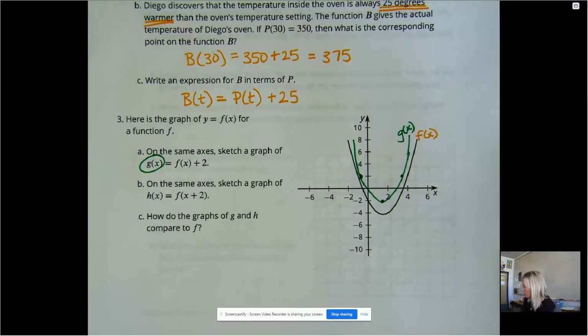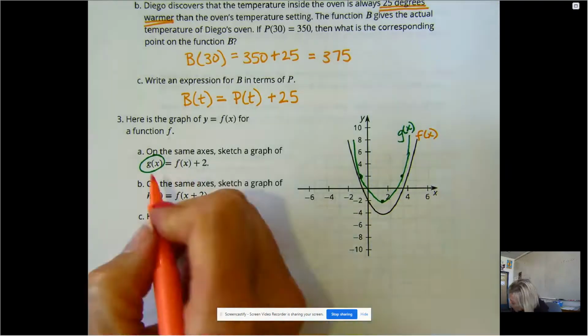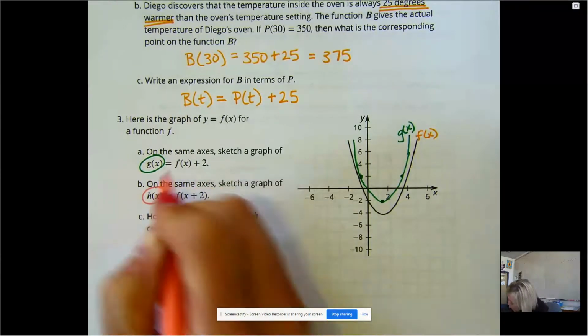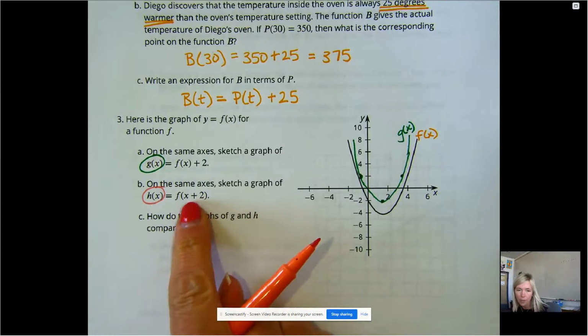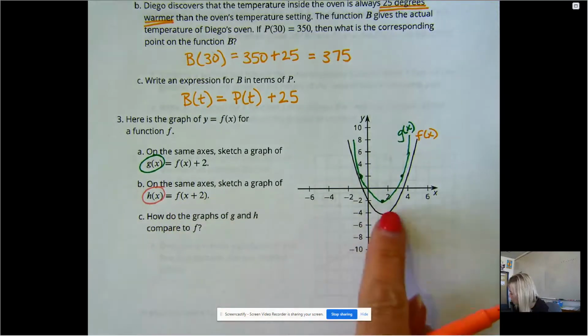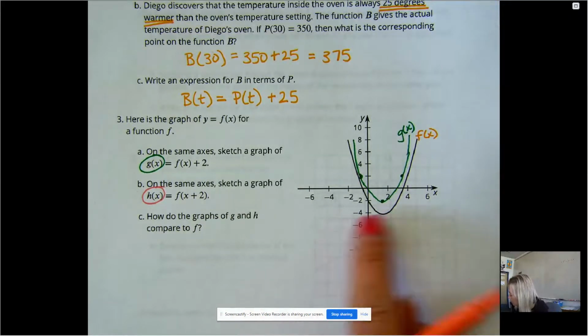This is really hard for me to draw without a grid, but that's the best I can do. This is g of x. And then we're going to do one more for h of x, which is going to have an input shift, right? The x plus 2. It's going to be f of x plus 2. And so I'm going to take each of these points, and for h of x, it's going to be to the left 2 places.